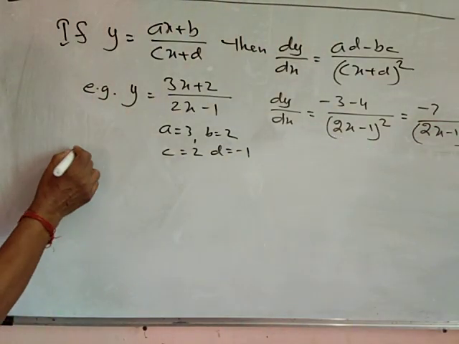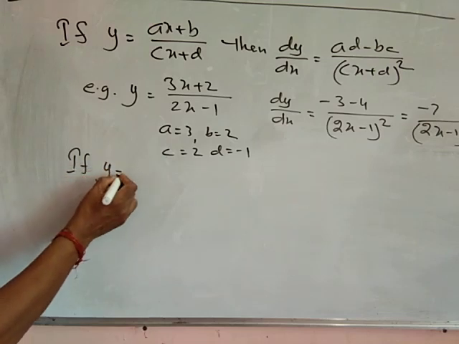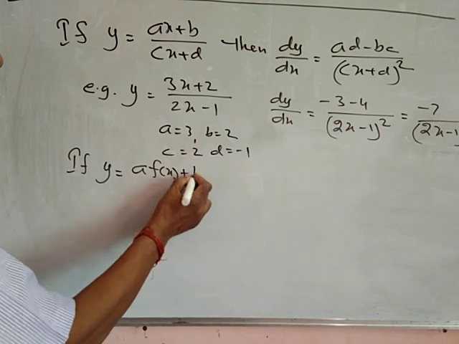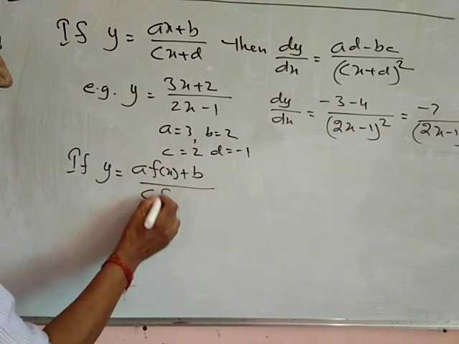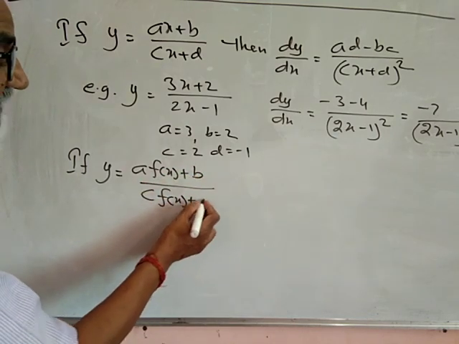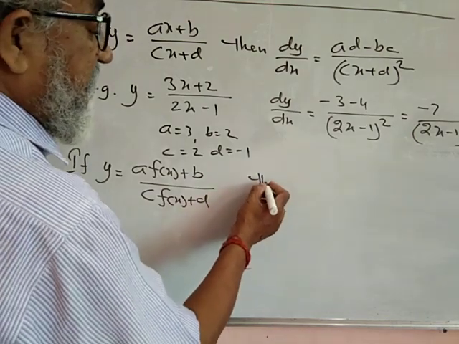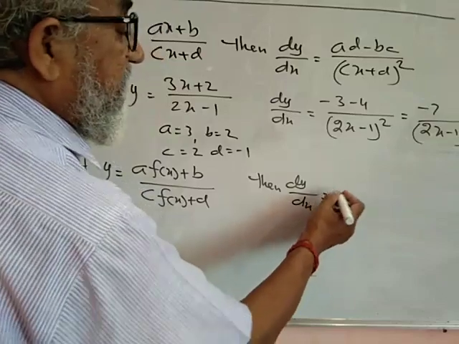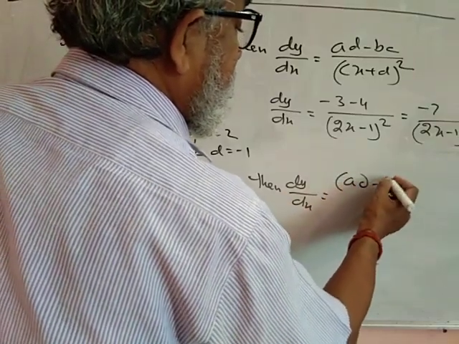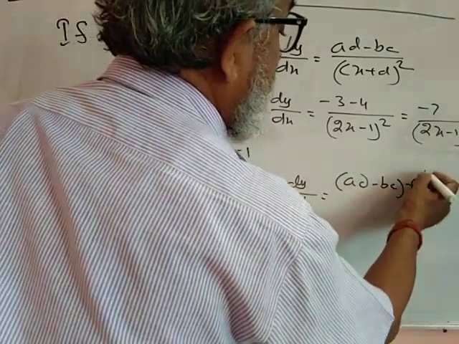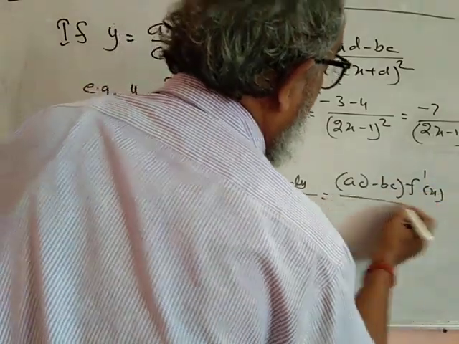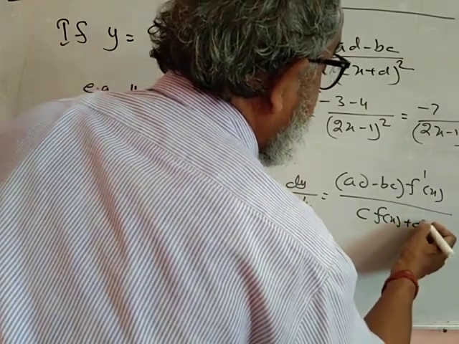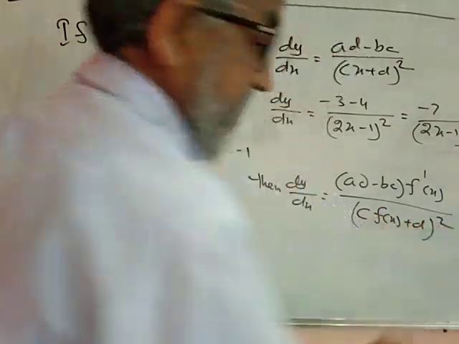Similarly, if y is equal to (a of x plus b) upon (c of x plus d), then dy by dx is equal to (ad minus bc) into f dash x upon (c of x plus d) the whole square.